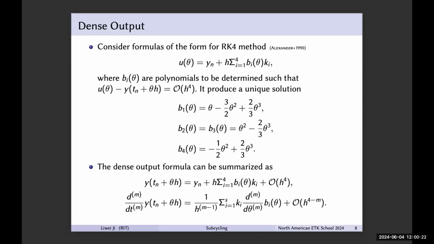Because on the coarse side, you have K stored, and you have the expressions of the B's, using this formula you'll have Y's, and we also have a formula for Y prime. It's only a function of K and B's. So it's a linear combination of K's, and we store K's on the coarse side of the mesh.